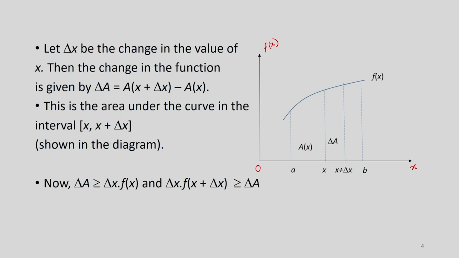Let delta x be the change in the value of x. Then the change in the function is given by delta A. Okay. Delta A will be the change in the area, and that is given by the new area, which is A of x plus delta x, minus the old area, which is A of x. So what we are talking about is this extra area delta A.